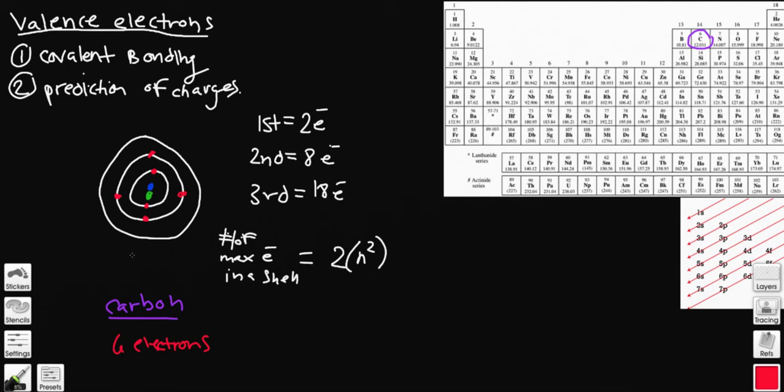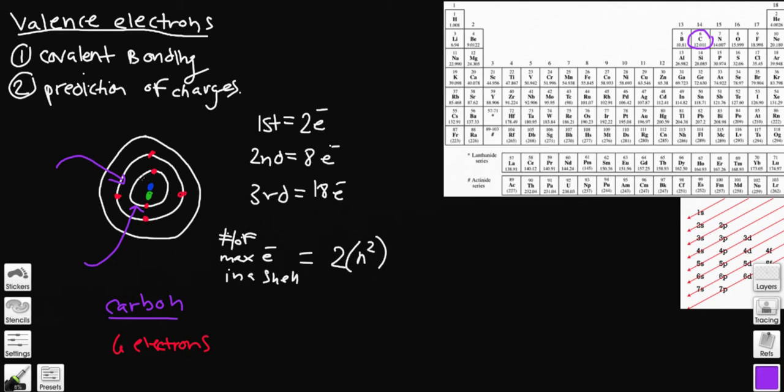Now, what are the valence electrons then? How many valence electrons are there? Well, valence electrons are the electrons that are in the outermost filled shell. So we have 2 filled shells here. We have the first shell right here that has 2 electrons, and we have the second shell over here that has 4 electrons.